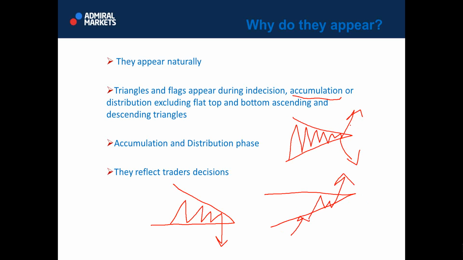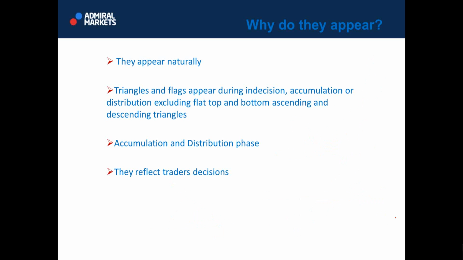Let's say that if we see the triangle close to support, and if it breaks to the upside, then we presume that the move will continue. If it breaks to the downside, we presume that the move will retest that support, now resistance levels, and move to the downside. So we usually wait for a retest to happen prior to entering a trade.